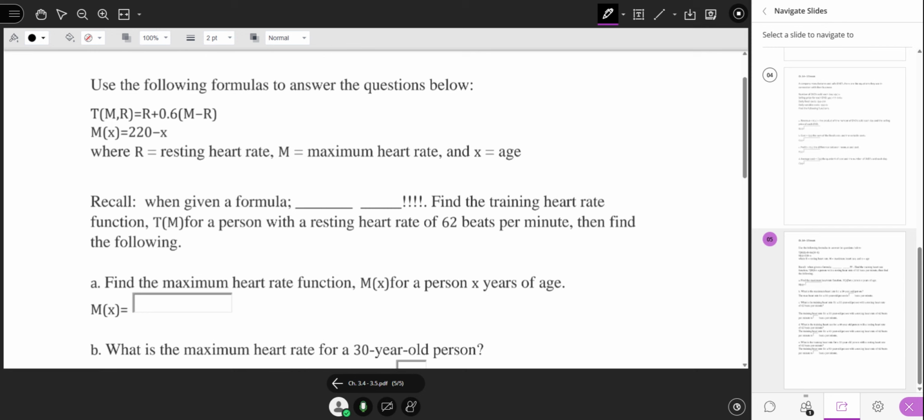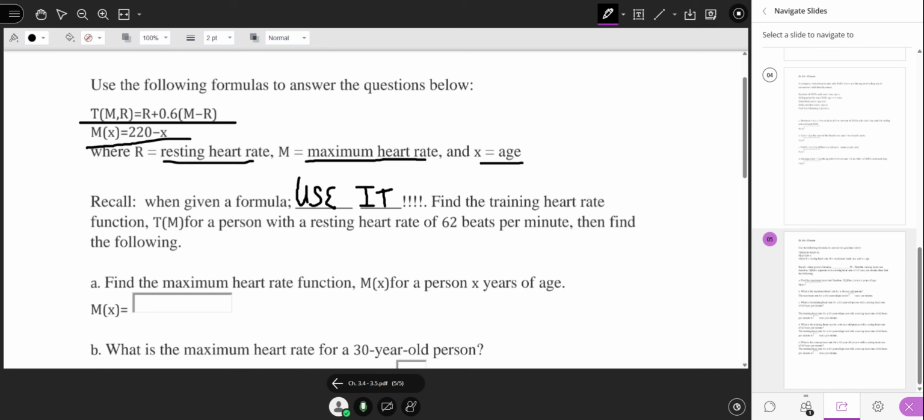When given a formula, use it. You've got two formulas right here. This one and that one. R is your resting heart rate. M is your maximum heart rate.